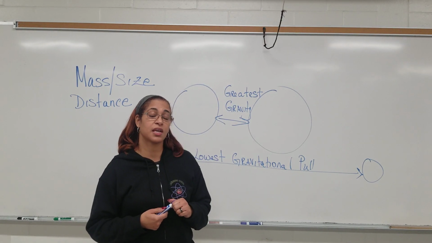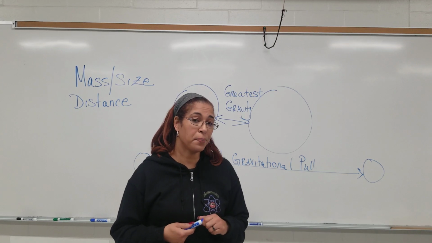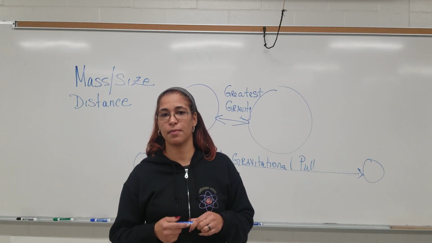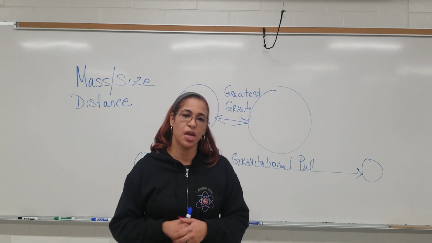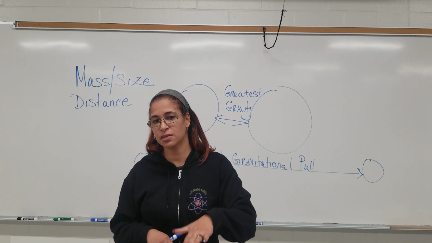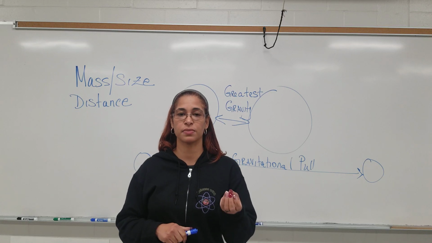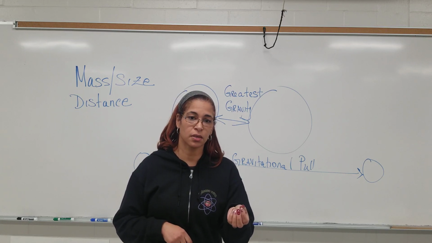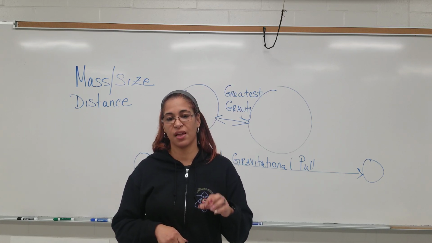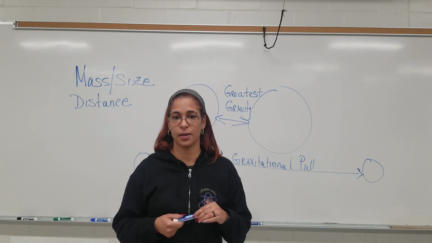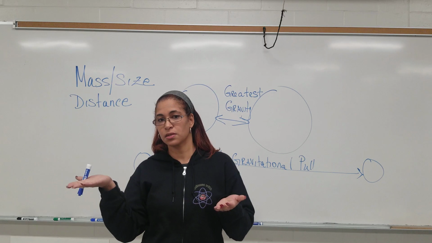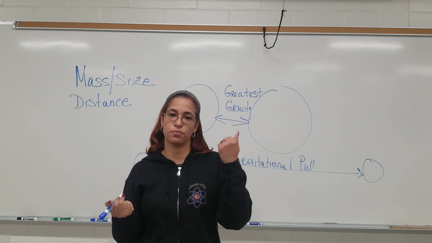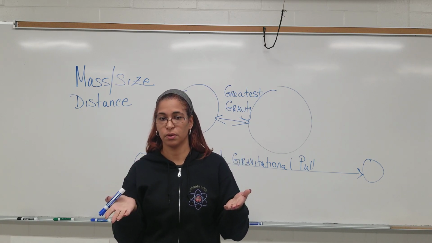Now, is it going to show up as exactly the same on the Earth and on the moon? No, because it doesn't weigh as much. It's not going to impact the balance the same way, but 10 grams of an object is going to behave exactly the same way to an unknown substance if you were to mass it on Earth and on the moon.